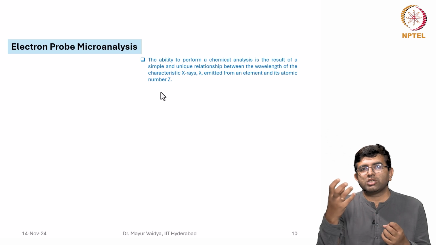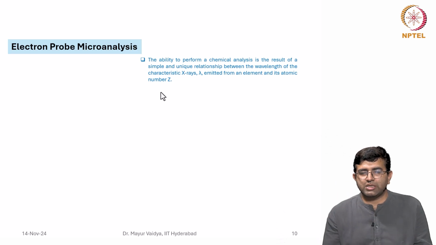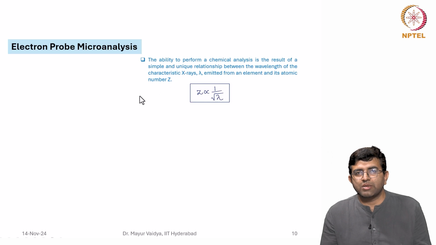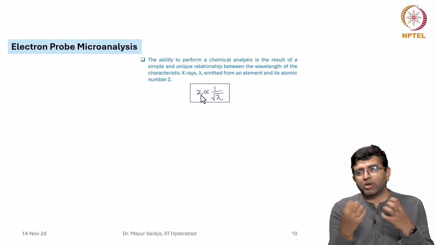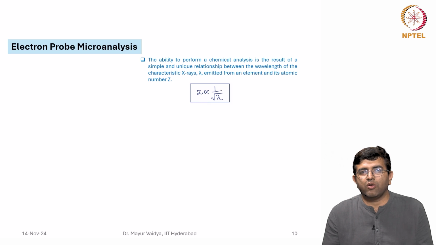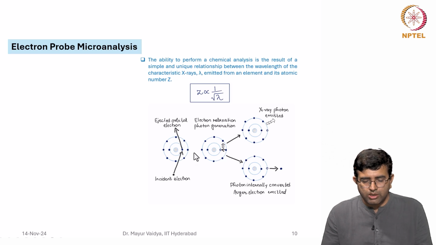The relation is that root lambda is inversely proportional to Z. That means the higher the atomic number, the lower the wavelength of the characteristic X-rays that are emitted. And you already know about the process of the emission of X-rays.